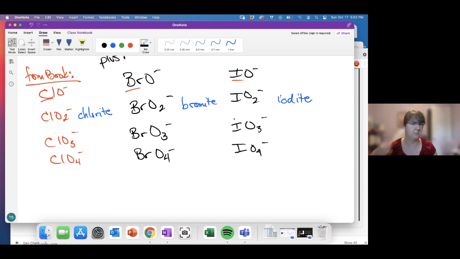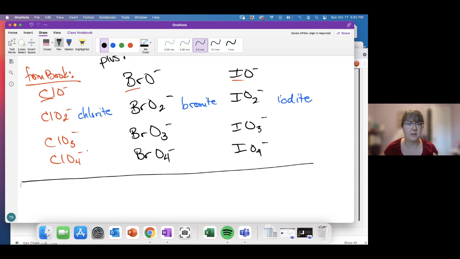These are some that often show up in our questions, because the set with the chlorines, hypochlorite, chlorite, chlorate, and perchlorate, we typically use a lot. And these are so very similar to them, we often use these as well. So there's your polyatomic ions. The question was about ions.